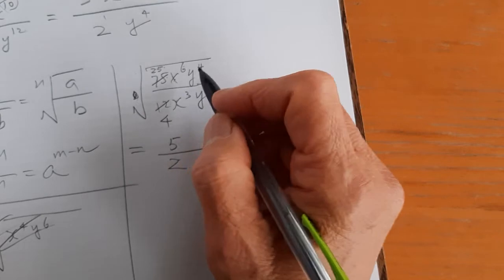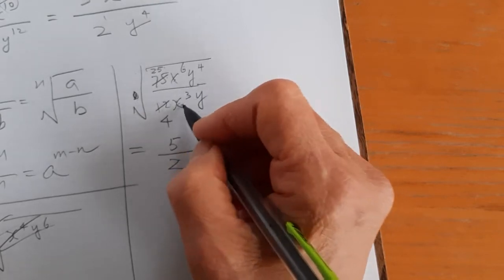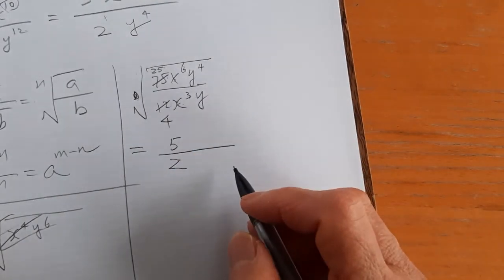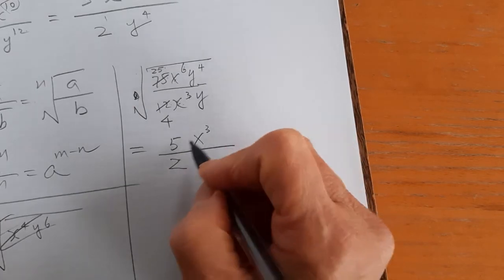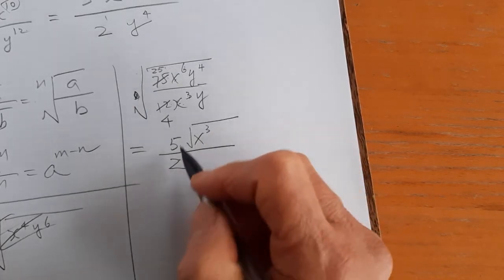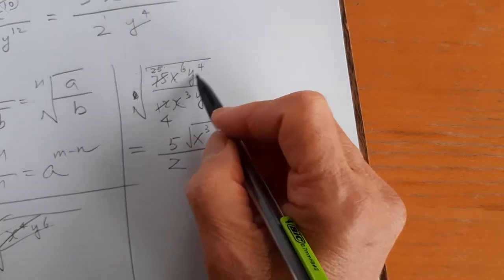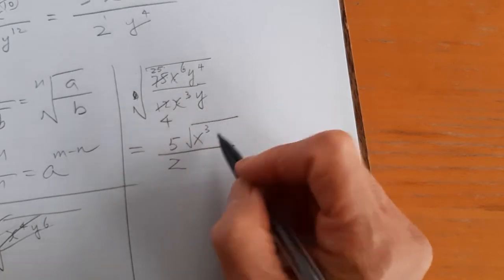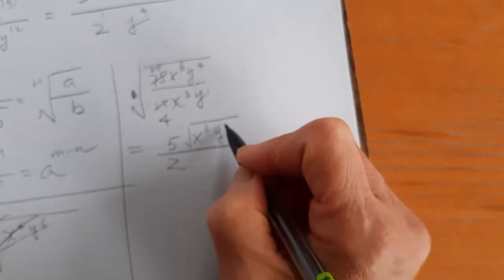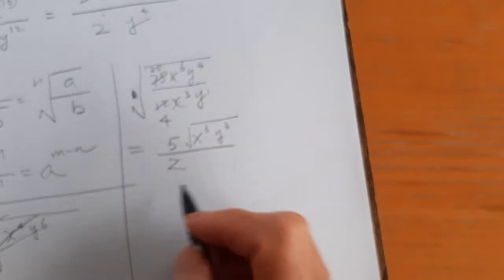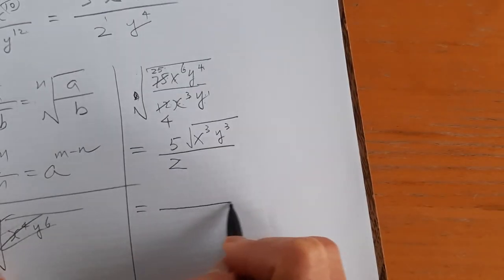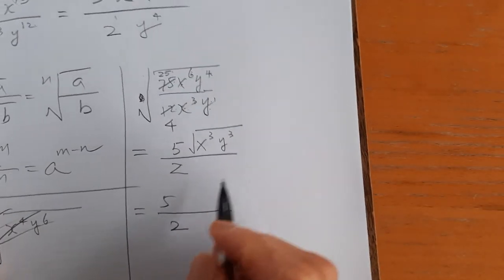Then this one you can cancel 6 minus 3, get x cubed. Take square root, still take square root. Y to the power 4, cancel y, remain 4 minus 1 is 3. And this one you can take square root out, 5, 2.